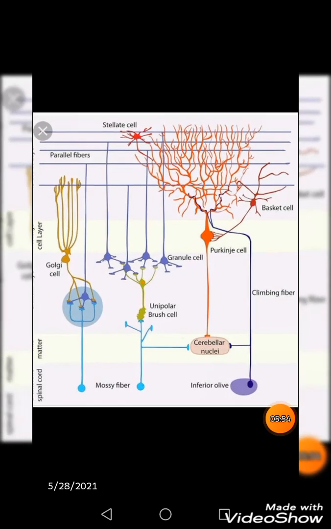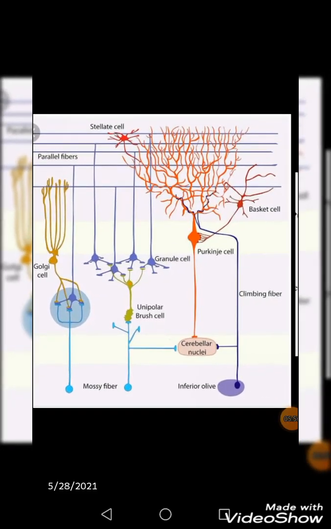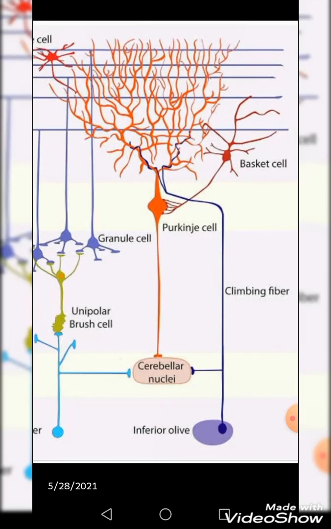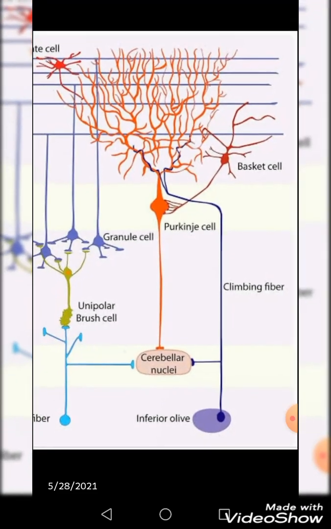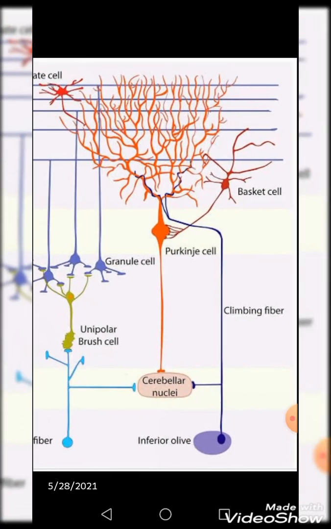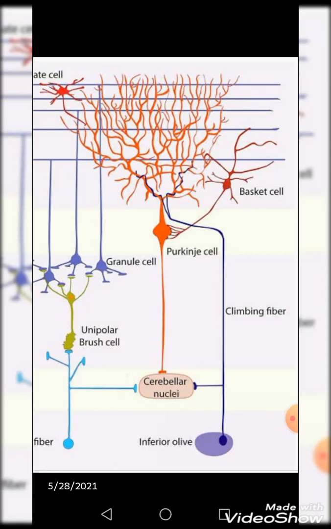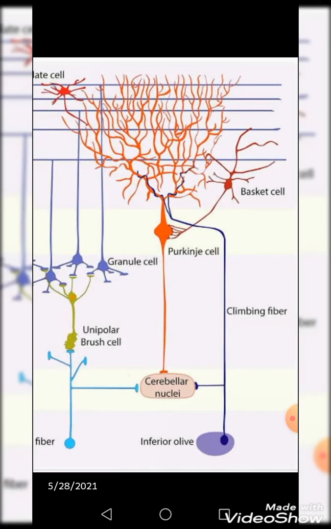Now concentrate on the picture for another type of fibers called climbing fibers. These are the nerve fibers that originate from the inferior olivary nucleus of your medulla oblongata. And when they enter the cerebellum, the fibers run in the white matter to reach the gray matter, or the cerebellar cortex, where they have to synapse with the dendrites of the Purkinje cells in the molecular layer.